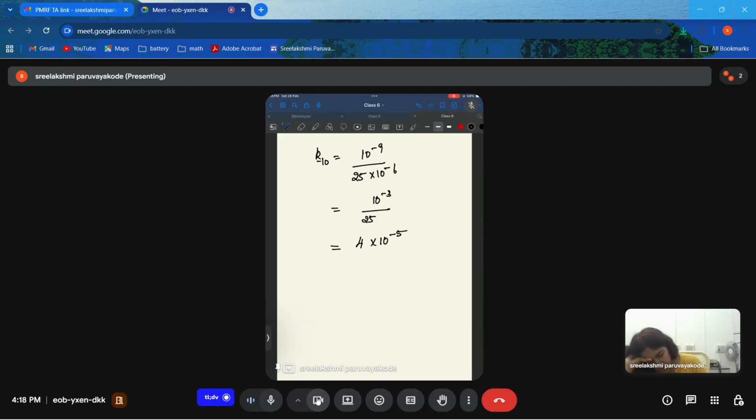So if I solve this, I'll get 4 into 10 to the power minus 5 mole per centimeter square per second. The question already asks K minus 10 equal to dash into 10 to the power minus 5, so the answer you have to write is just 4 and not into 10 to the power minus 5. This is the answer.